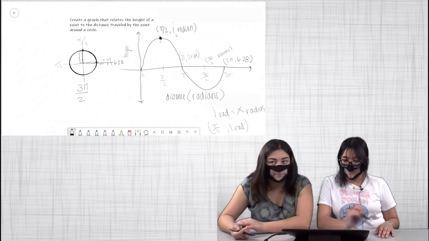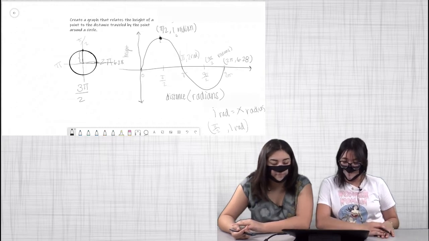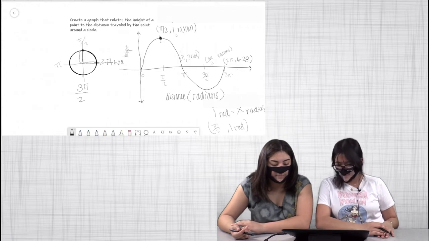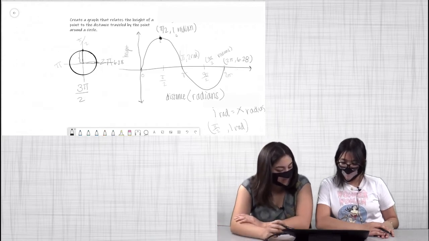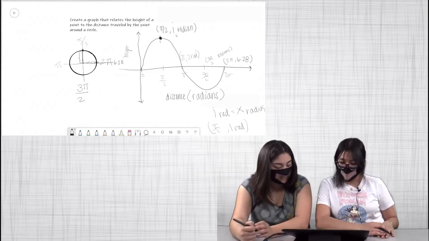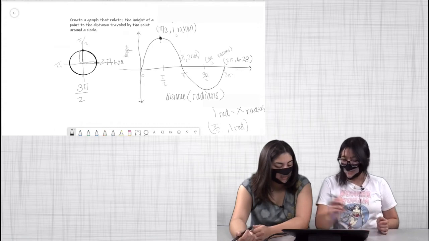But I'm confused. I thought you told me the first coordinate measured the distance. Height, silly. Oh. So technically it doesn't matter? This doesn't have to be 6.28? What doesn't have to be 6.28?